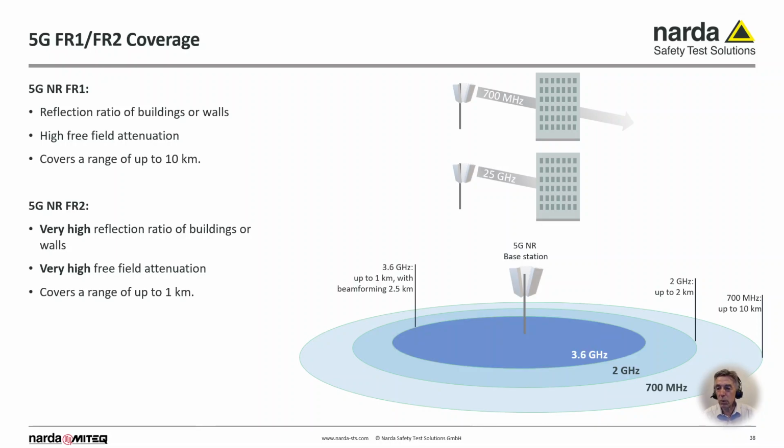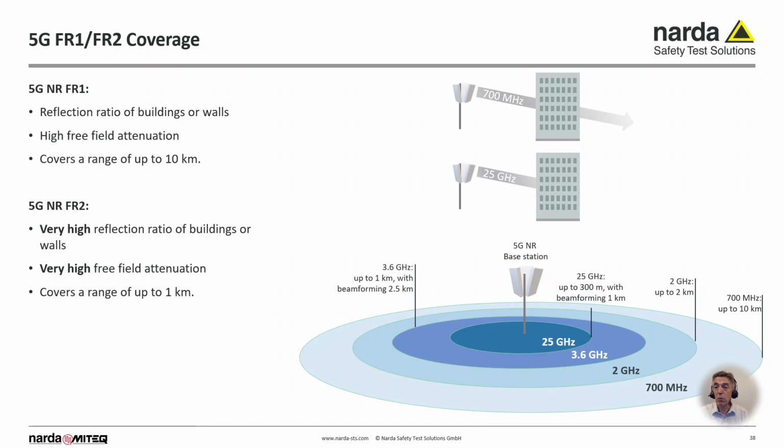A 3.6 gigahertz system can cover an area up to 1 kilometer, sorry, not kilohertz, and with beamforming, it can extend the range up to 2.5 kilometers. So beamforming here is an advantage.